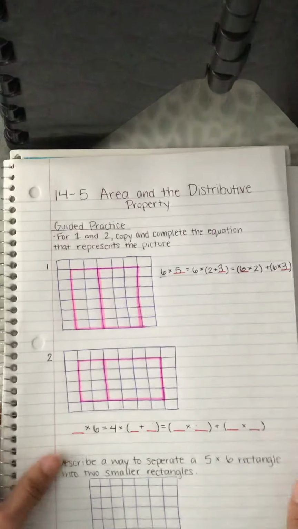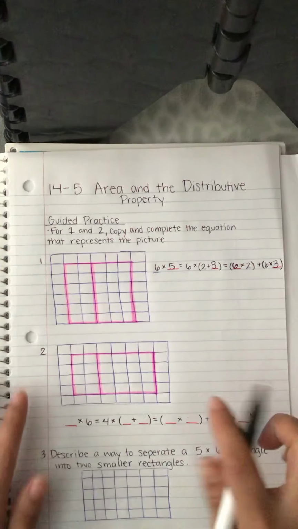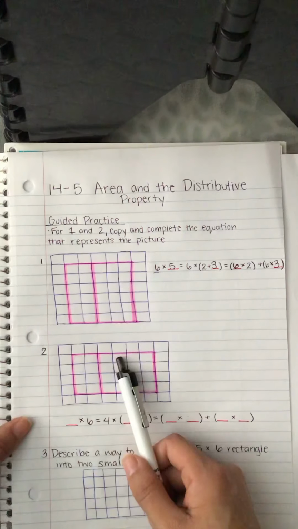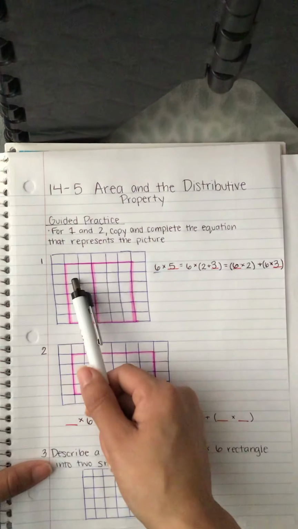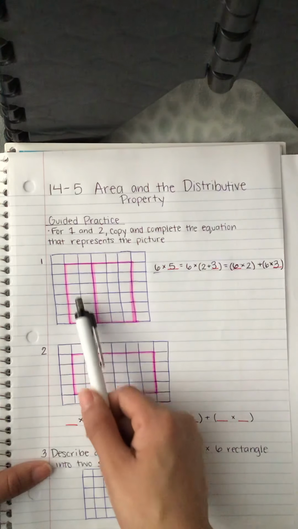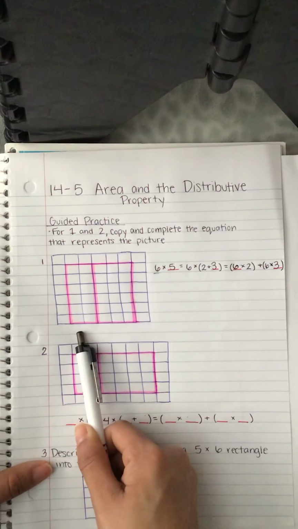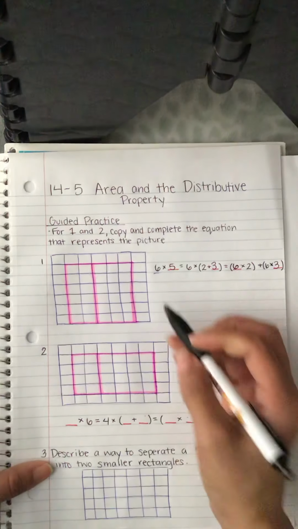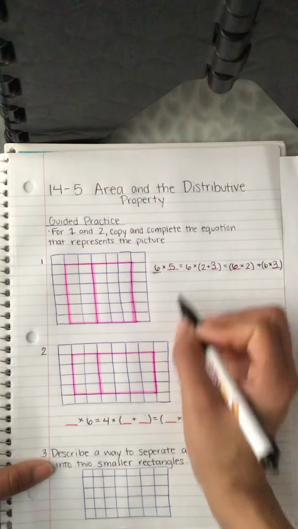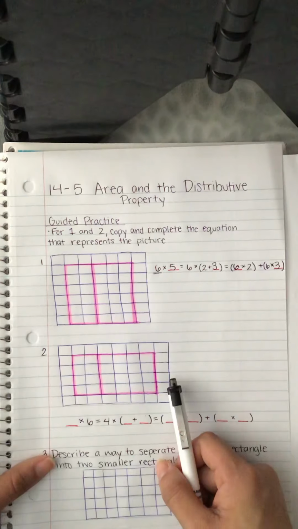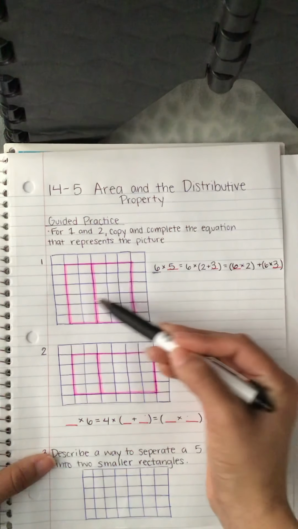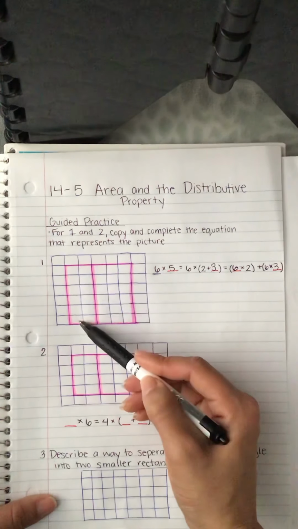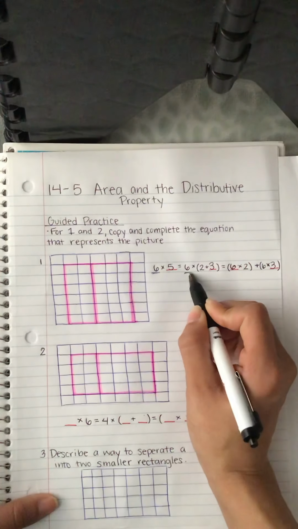So let's go over that one more time. We have this whole figure here that was broken up into two parts. We see that 1, 2, 3, 4, 5, 6 is our length this way. 1, 2, 3, 4, 5 is our length this way. That's why we have 6 times 5. Now, this figure is broken up into two parts. Our length this way is still the same, 6, right?